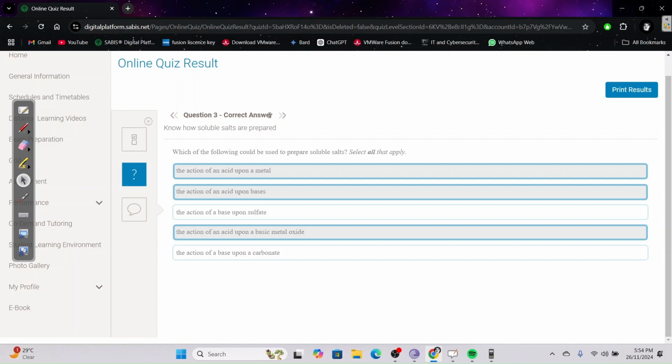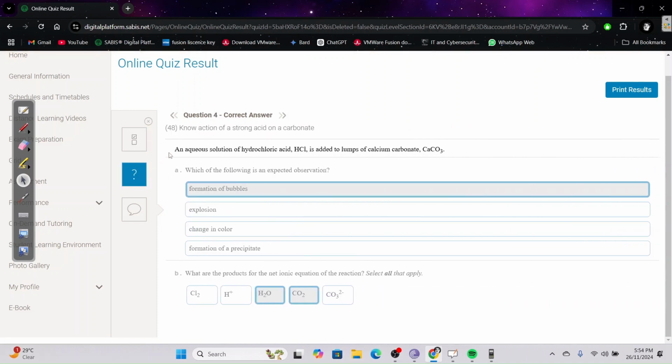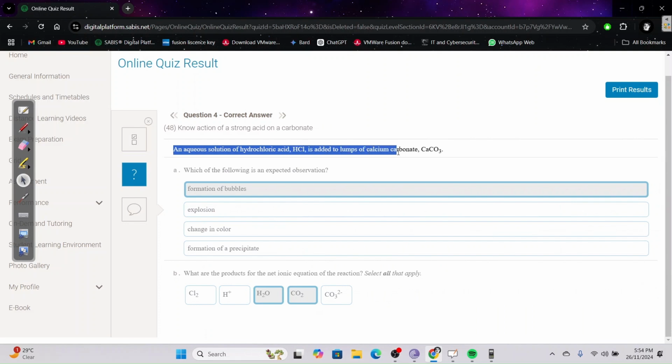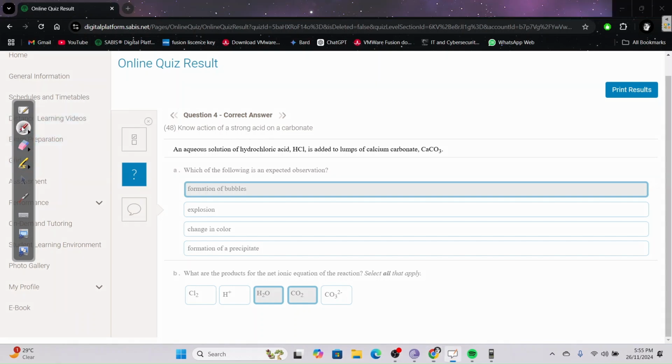Now, question 4. An aqueous solution of hydrochloric acid, HCl, is added to lumps of calcium carbonate, CaCO3. Which of the following is an expected observation? Effervescence, or formation of bubbles. This is for a good reason, because if you actually do this equation, HCl plus CaCO3 goes into being hydrogen carbonate and CaCl.